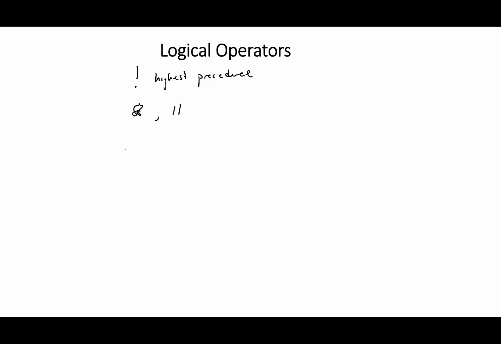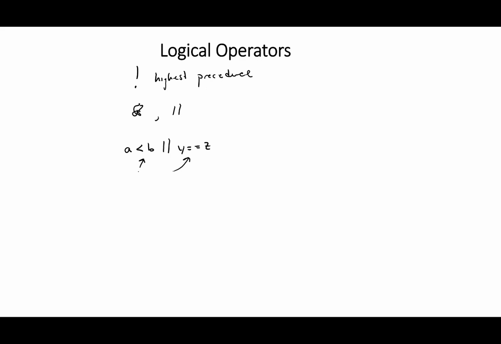So let's say that we have A less than B or Y is equal to Z. Let's also define this: this has a left to right associativity. What that means is that this is going to start here and move to here. So it's going to evaluate A less than B first, and then it's going to evaluate Y equal to Z.